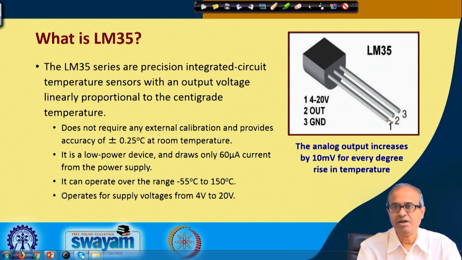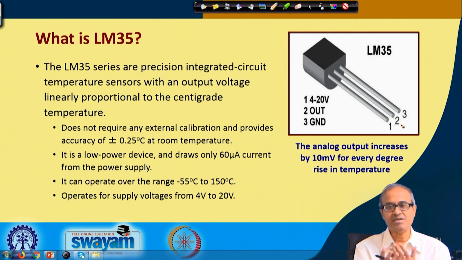And the middle point, pin number 2, will be generating some analog voltage which will be proportional to the external ambient temperature. There are 2 versions of LM35 available. Some of them can directly generate a voltage proportional to the temperature in degree centigrade or Celsius.